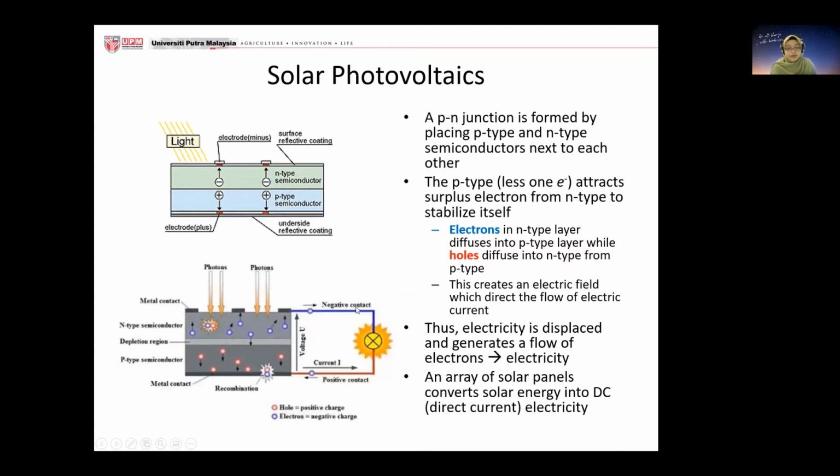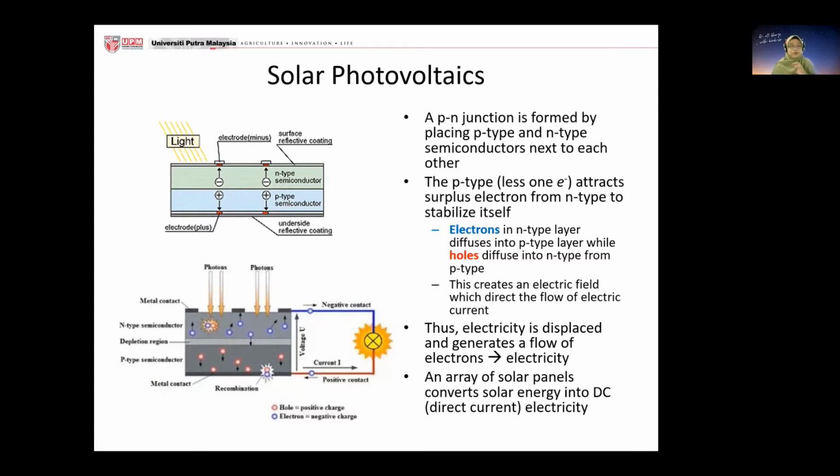You have the movement of electrons from this side to this side. Because it's unable to go here, it will be forced to go through this route. So this kind of flow generates the electricity.